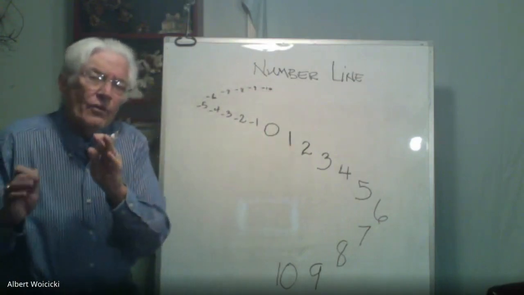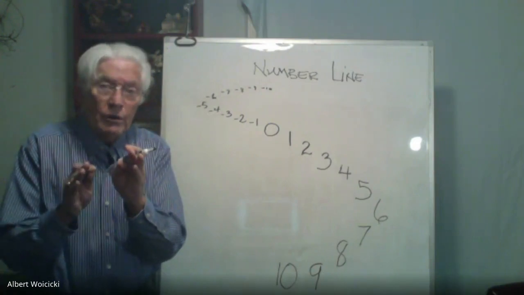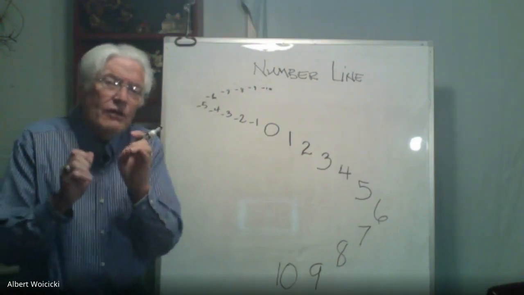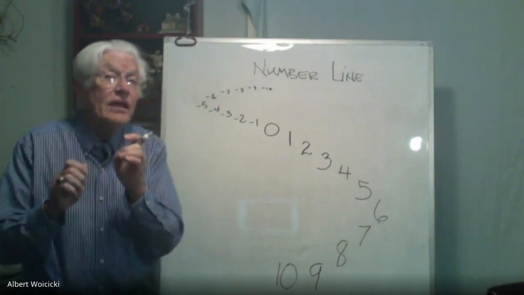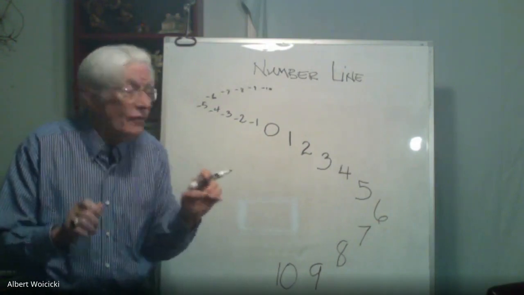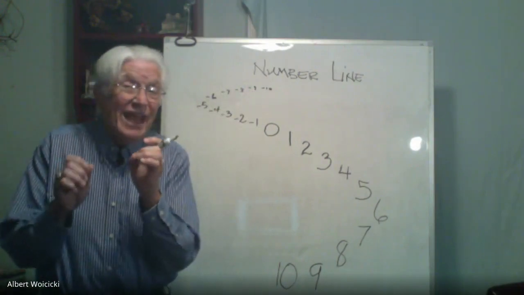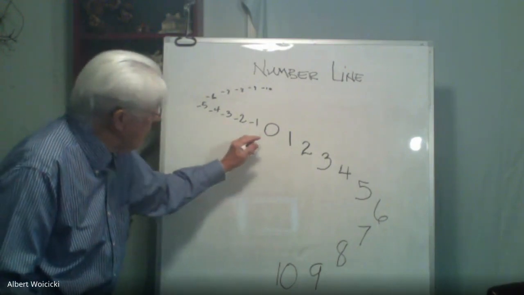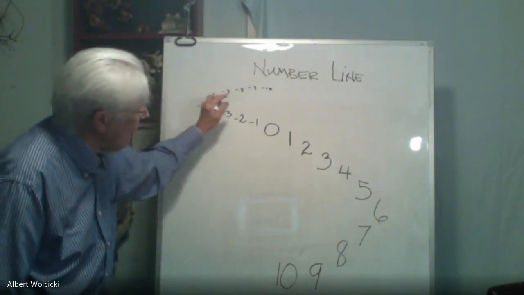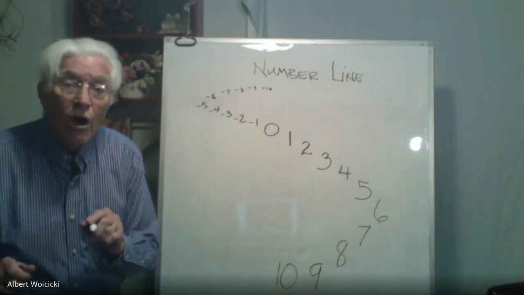But also, things are getting smaller. As the negative number gets bigger, it's actually getting smaller. So as you see here, it's like it's moving out into the distance and the numbers are getting smaller.